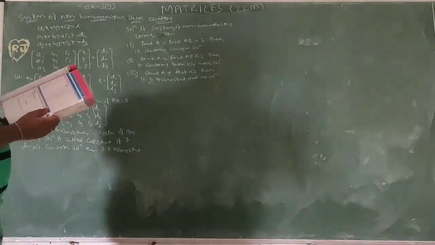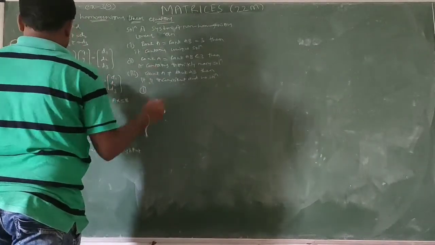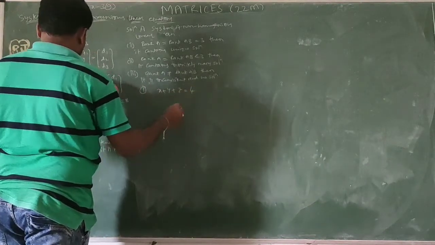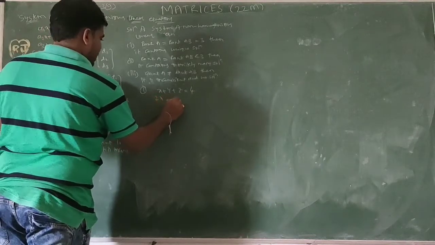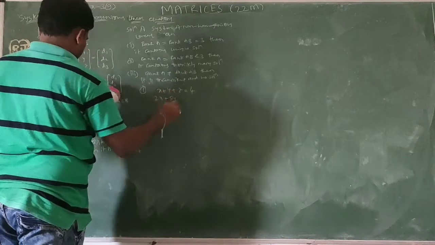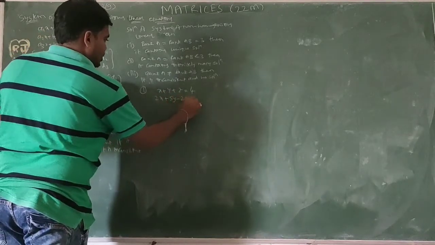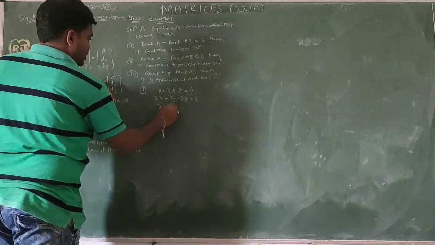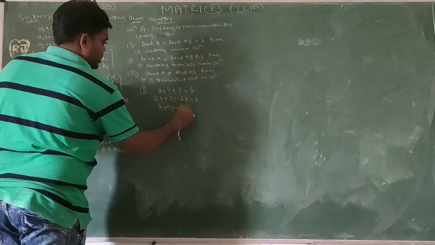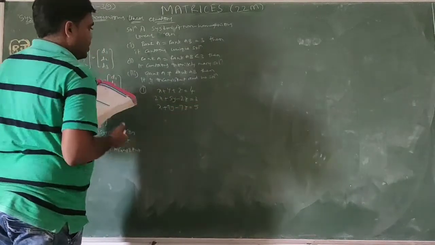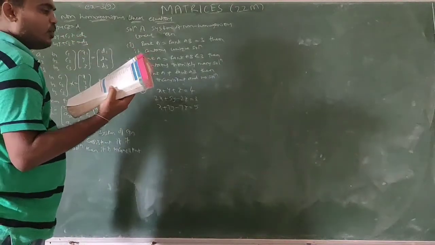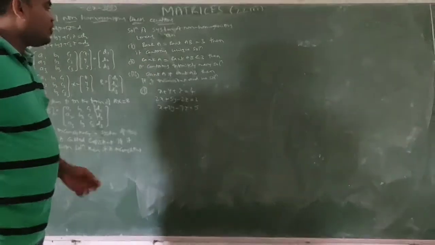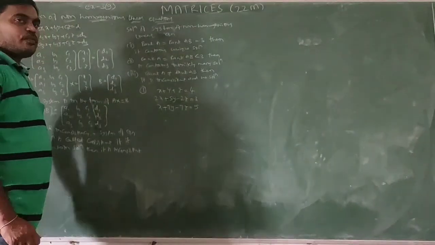First question: x plus y plus z equal to 4, 2x plus 5y minus 2z equal to 3, x plus 7y minus 7z equal to 5. So these are the three equations. I want to find out the solution.